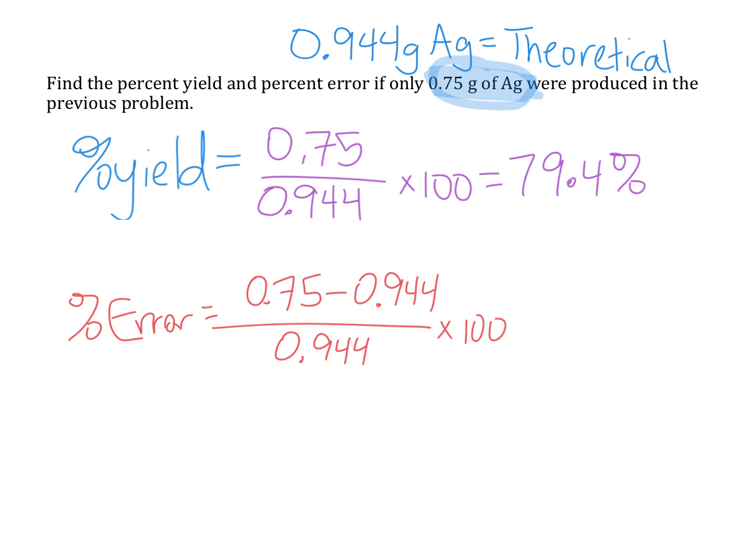I ended up with a negative 20.6%, but remember, there is an absolute value bar here, so it actually is 20.6%. So 20.6% error, 79.4% yield.